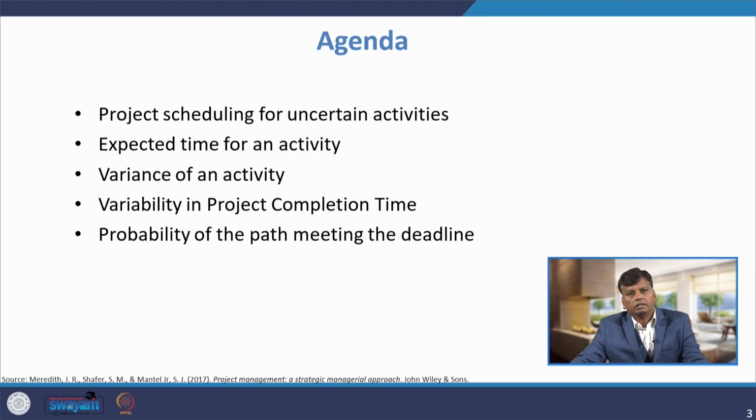Here uncertain means the activity time is probabilistic in nature, not fixed. Then how to find the expected time of an activity, how to find the variance of the activity, then how to find the variability in project completion time. Finally, we will discuss the probability of a path meeting the deadline.